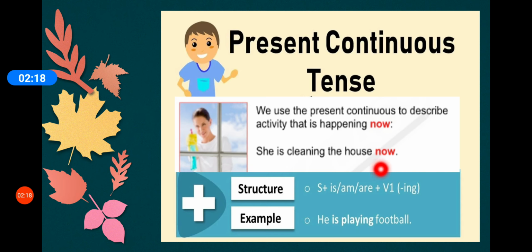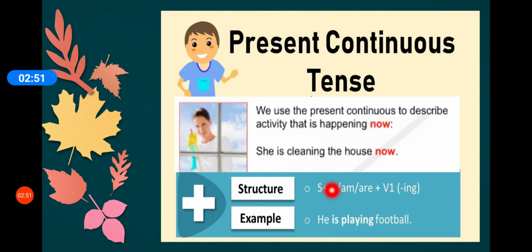Now is a hint word that tells us that the action is taking place at the time of speaking. Hence, present continuous tense is used. And what is the structure of this tense? Yes, subject plus is, am or are plus first form of the verb, that is V1 plus ing.